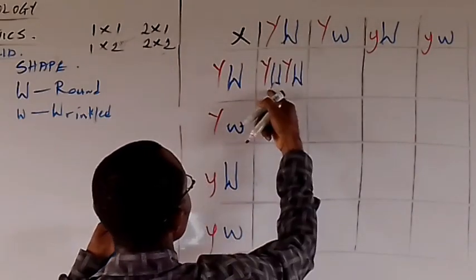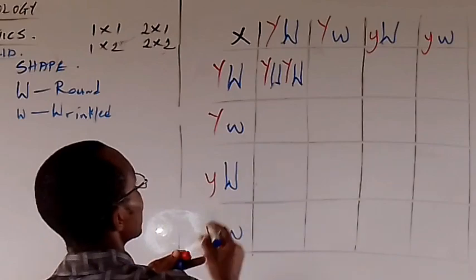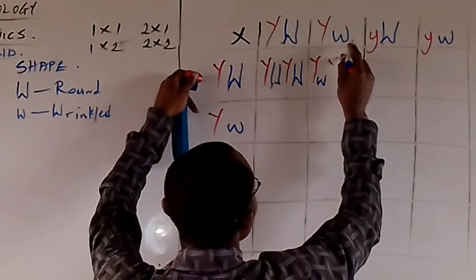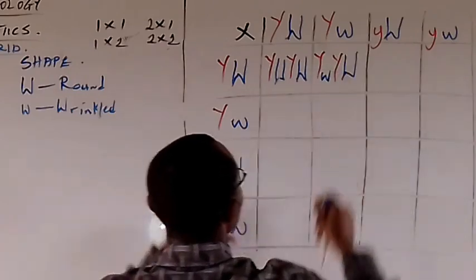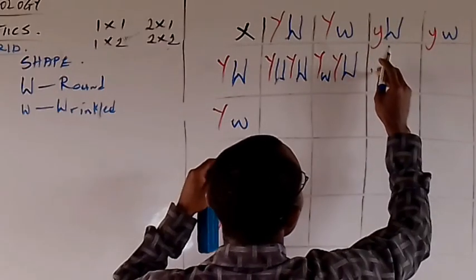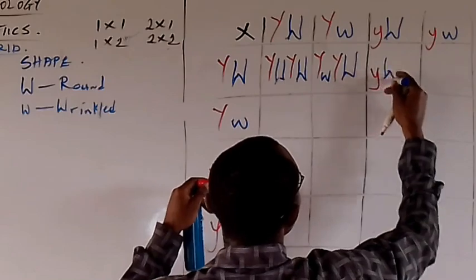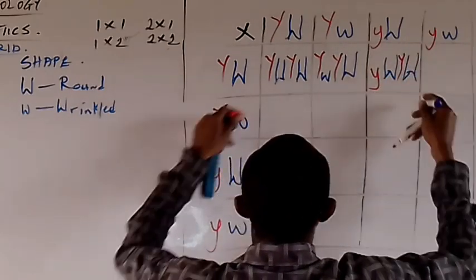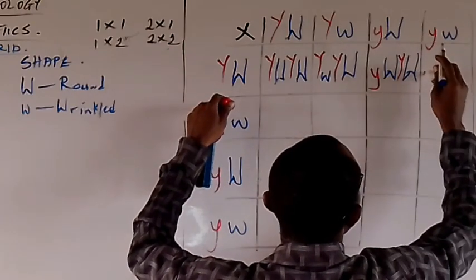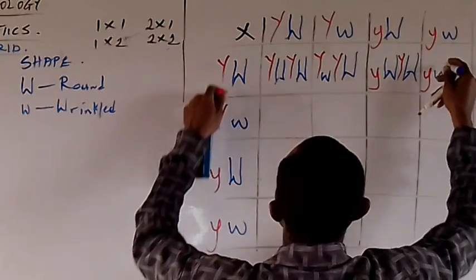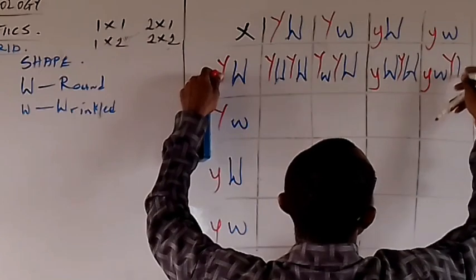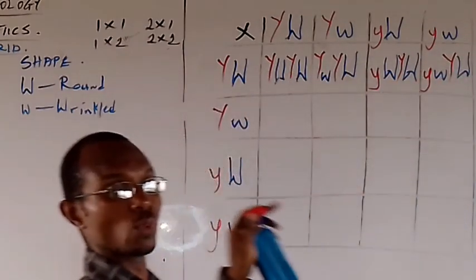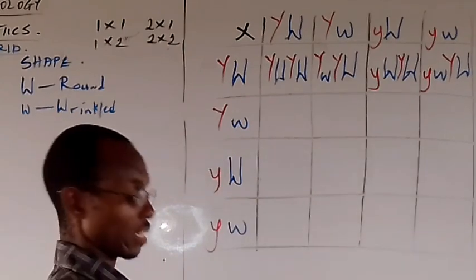Capital Y, capital W, capital Y, capital W. The next one is capital Y, small w, and here capital Y, capital W. The next one is small y, capital W, and here we have capital Y, capital W. And lastly here we have small y, small w, then capital Y, capital W. So we understand how we did the first one now. We are going to follow suit for the others now.